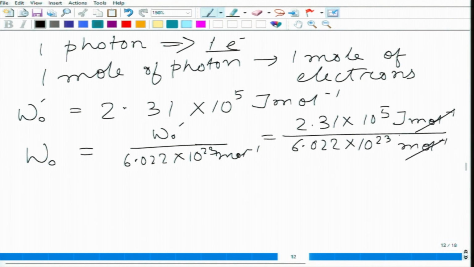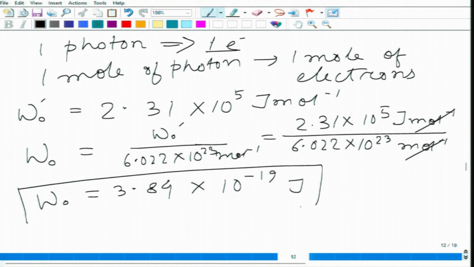So mole inverse and mole cancel. So we get 3.84 into 10 to the power minus 19 joules. This is the work function.